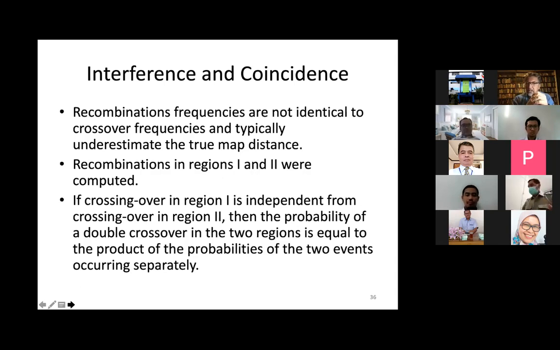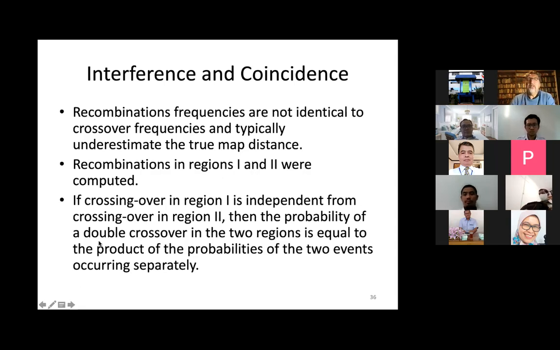Yes. In usually small regions, below 10, below 7% recombination, you have exactly the same values for percentage recombination and percentage crossover.